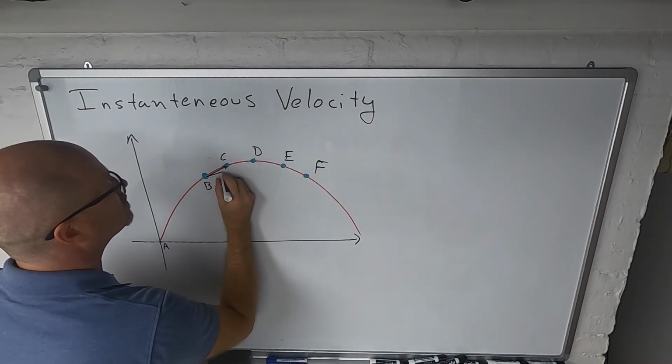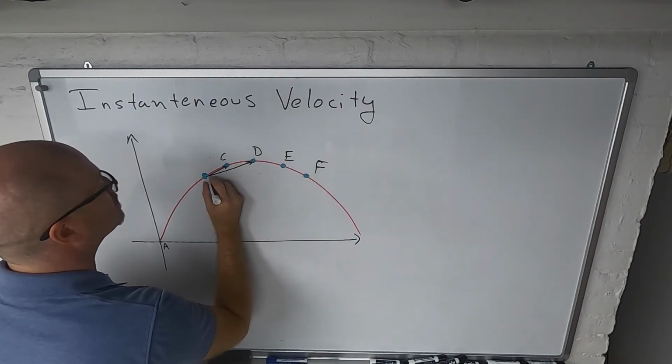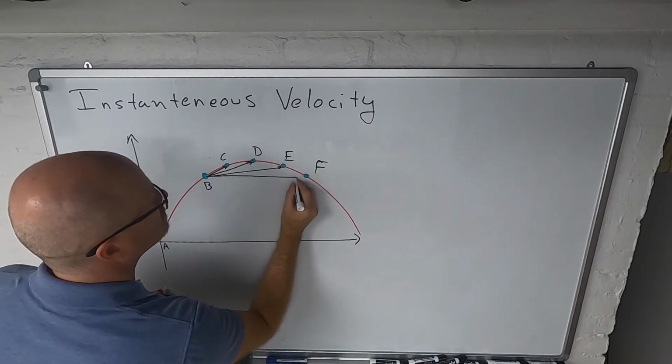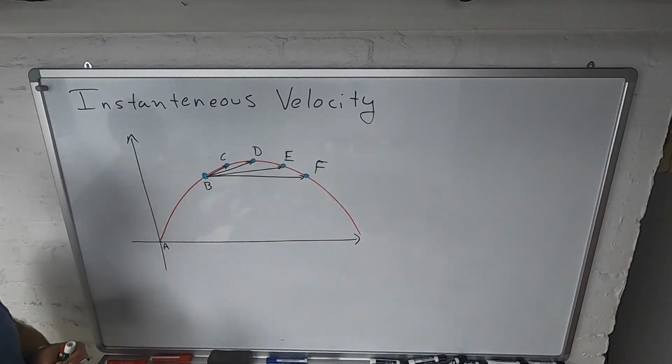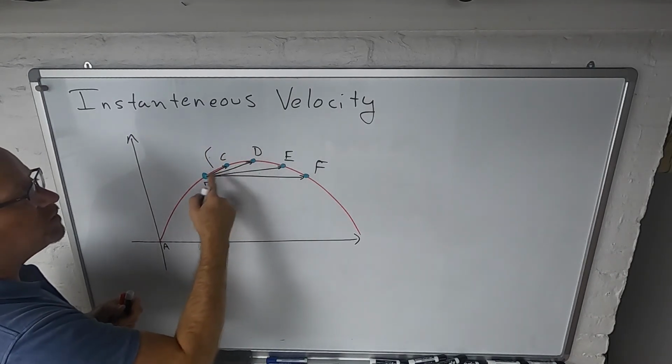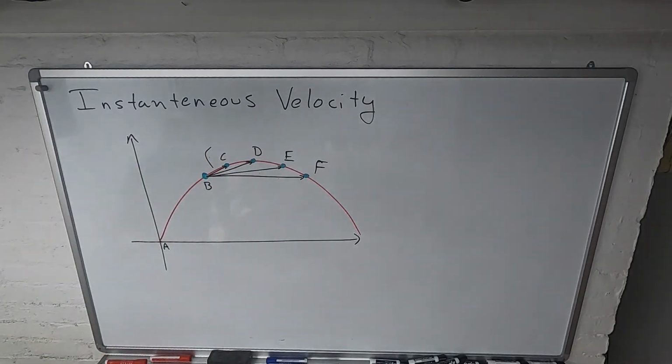here to here to here and to here. And so these vectors are defined by the values that we want to write down.